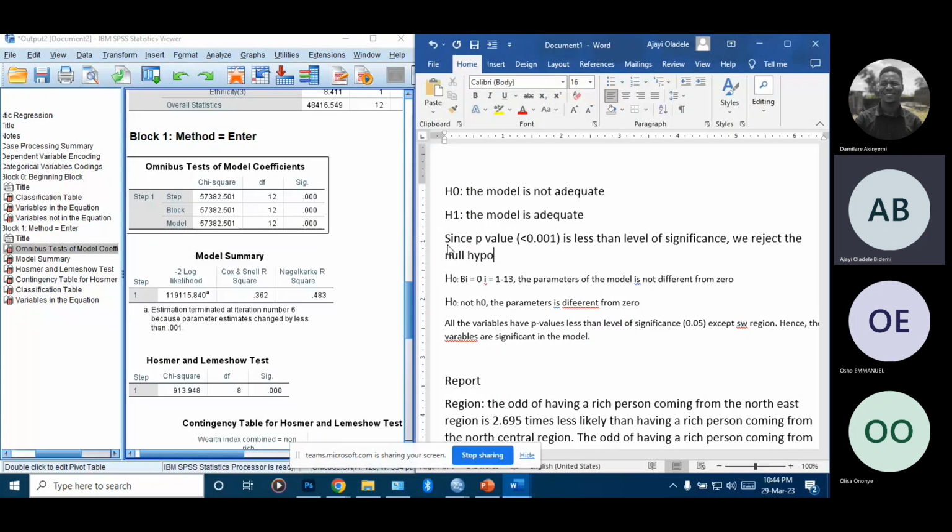Hence, we conclude that the model is significant.